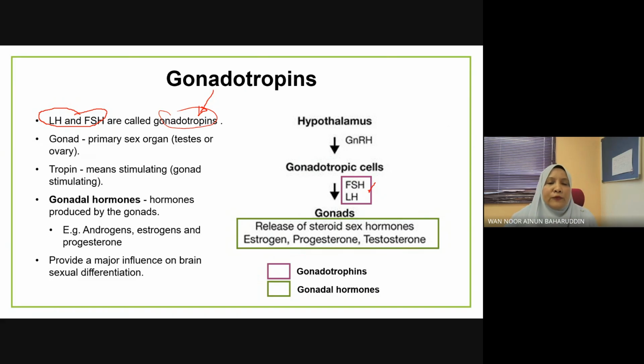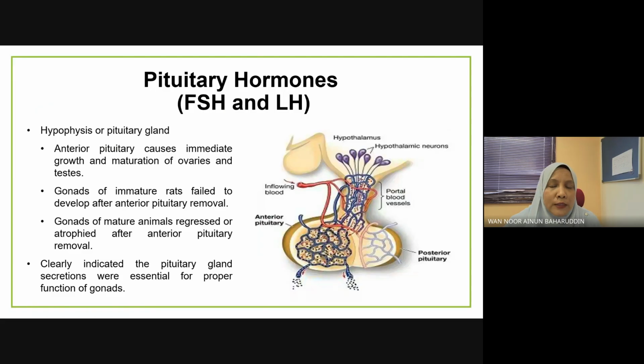They provide influence on sexual differentiation of the brain once they are matured. Then the pituitary hormones, FSH and LH. As I said before, the pituitary has an anterior as well as a posterior part. The anterior pituitary causes immediate growth and maturation of the ovaries.